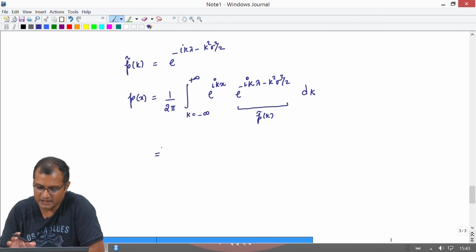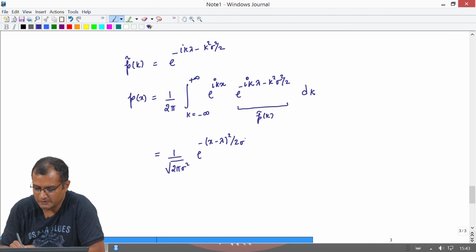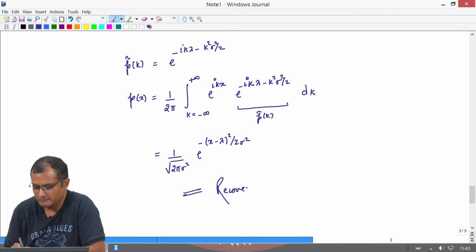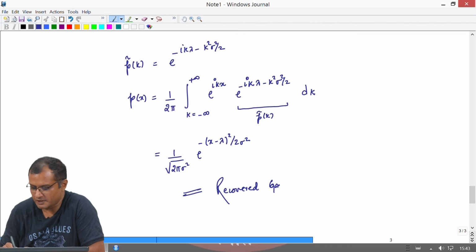So, what you will get at the end of this exercise is a Gaussian distribution, 1 upon root 2 pi sigma square, e to the power minus x minus lambda the whole square by 2 sigma square. This is how you recover your Gaussian PDF.